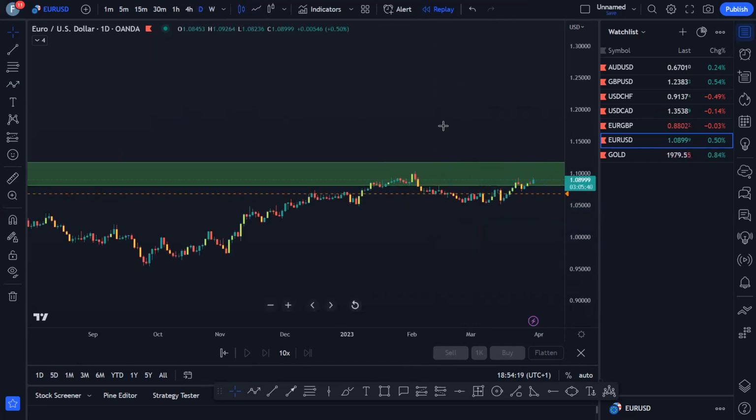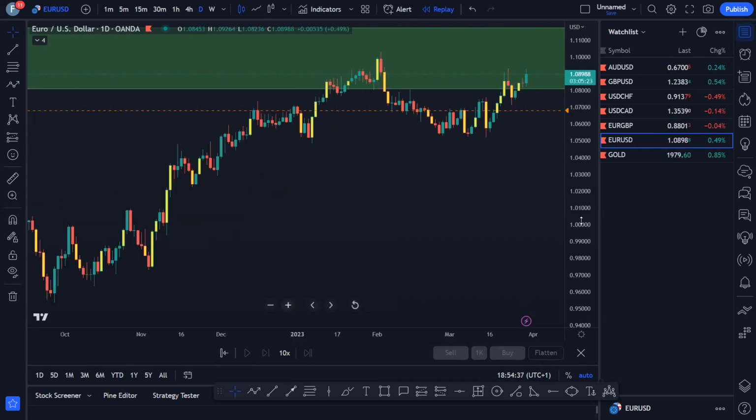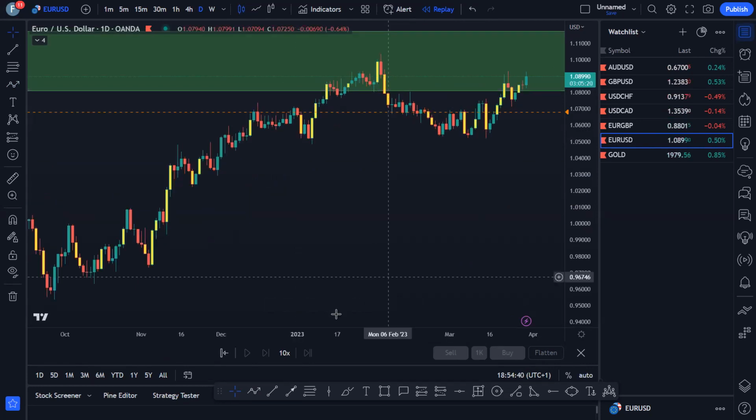Let's go to the daily time frame. What do we have going on here on the daily time frame? We can see bullish momentum on daily over here. Why bullish? Because of this move here.